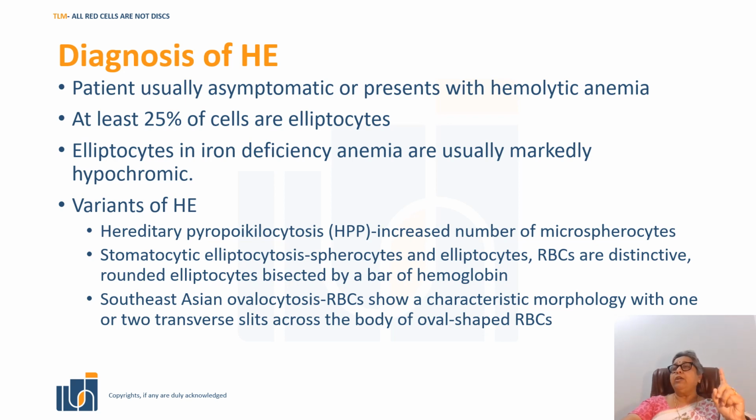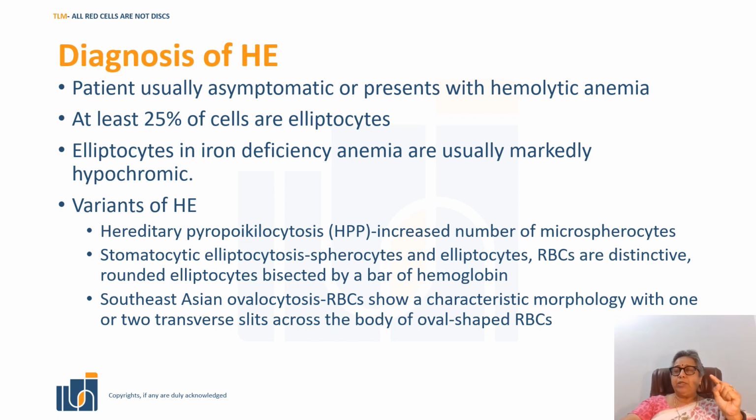How do you diagnose HE? Now, this is usually picked up in the laboratory, in a patient coming for something else, you just look at the smear and you will find plenty of elliptocytes. Now, rarely these HE patients can present with hemolysis, when you will definitely have a look at the smear and reach a diagnosis.